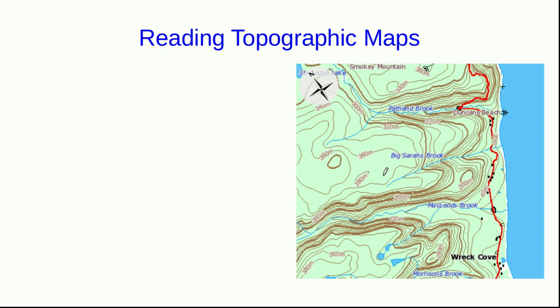Continuing to think about reading topographic maps, there are some additional pieces of intuition we can get. Suppose I start at this point, and let's say I now hike in this direction, some particular distance. Now, suppose instead that I had started here, and I hike a similar distance in this direction.